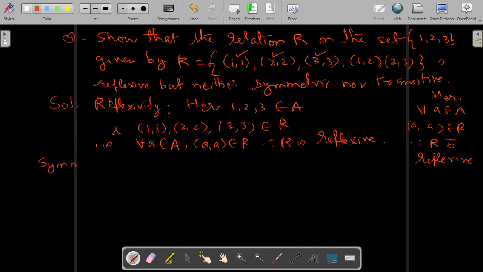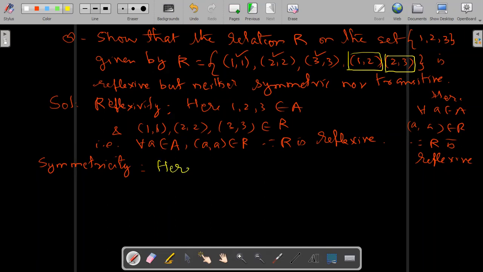When it is not symmetric, then we have to take one example. As I told you, we take (1, 2) and (2, 3), and (1, 3) is not there. (1, 2) is there, and (2, 3) is also there, so (1, 3) must be there. It is not there, so it is not transitive.